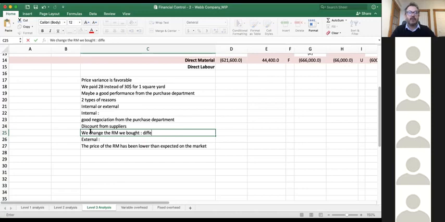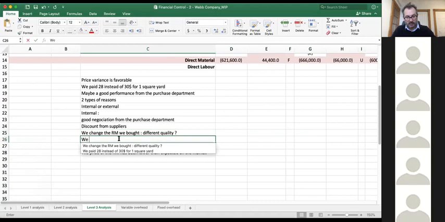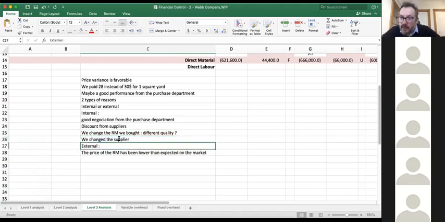Okay, so maybe different quality. Maybe we changed the supplier. Okay. Discount from them, we change the price. Yeah, I agree with you, Hang. Okay. The price of the raw material has been lower than expected on the market.